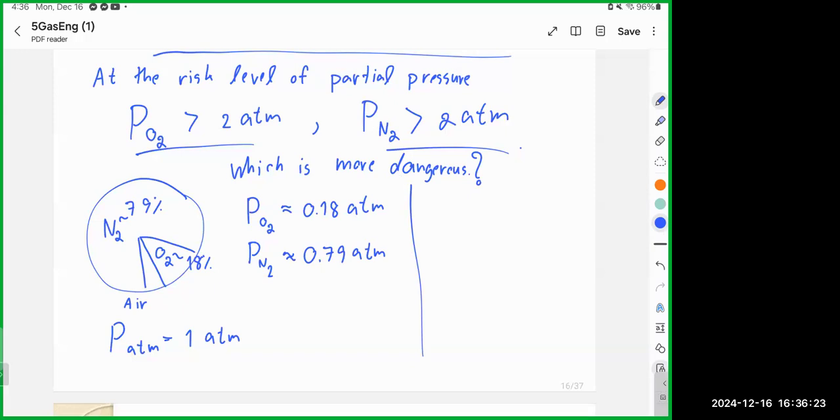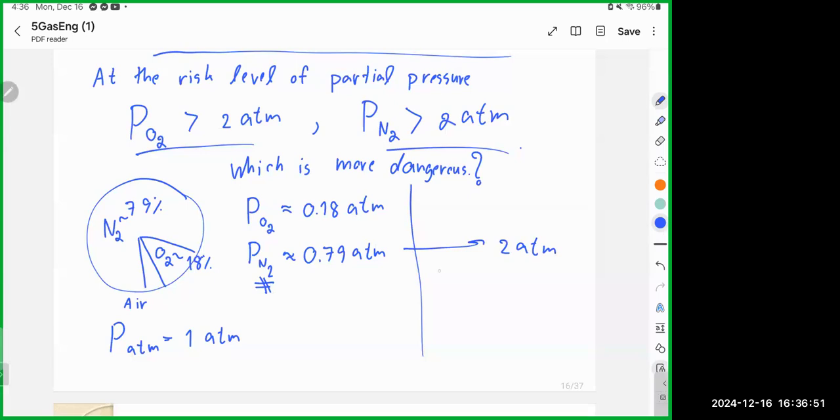That is why when you go scuba diving, you have to be concerned about not just the content of the oxygen inside the tank, but also the pressure of nitrogen, because this will reach 2 ATM before oxygen.